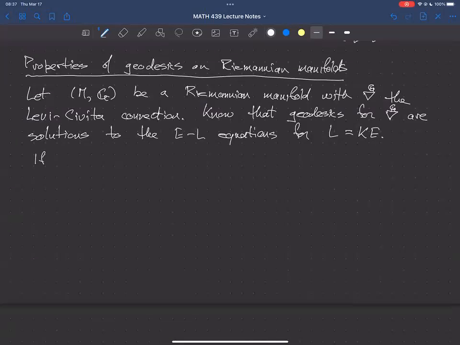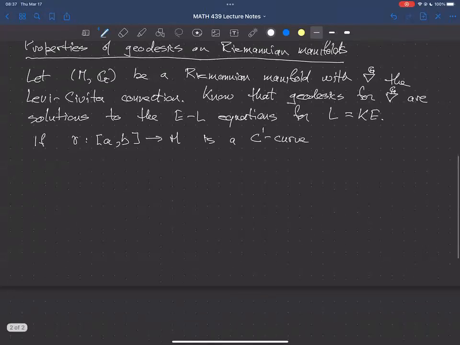All right. So if gamma, let's say from a to b, so defined on a compact interval, is a C1 curve. Okay, so it needs to be differentiable. I don't often state the regularity assumptions here, but here I will, because we do need to differentiate it.